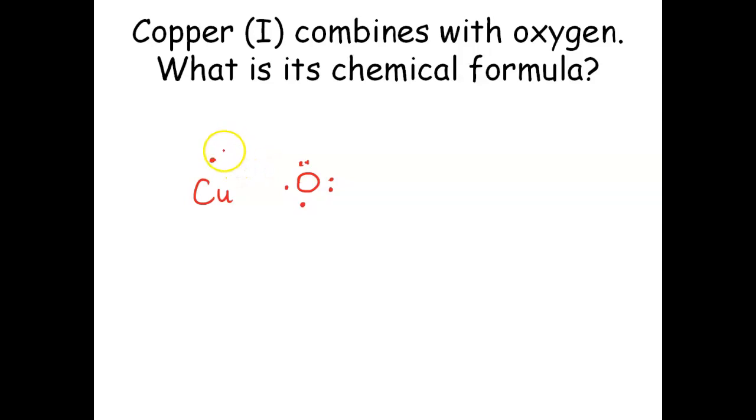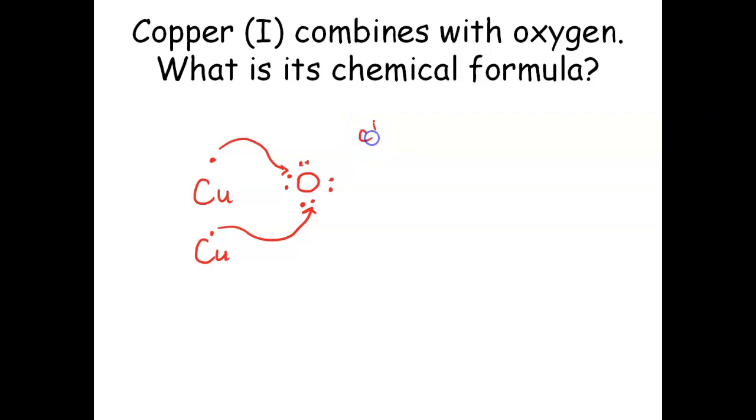All right, same as what we've done before. We know that 1 copper will lose its electron. And so that copper has reached noble gas configuration, but the oxygen hasn't. So we're going to be adding 1 more copper. And it will lose its electron so that now oxygen has a full valence shell. Same thing that we've done before.